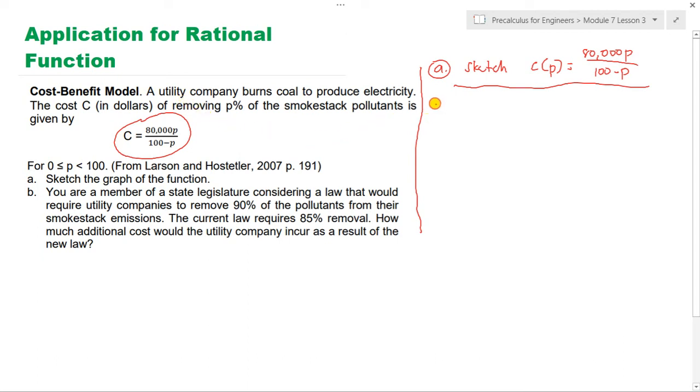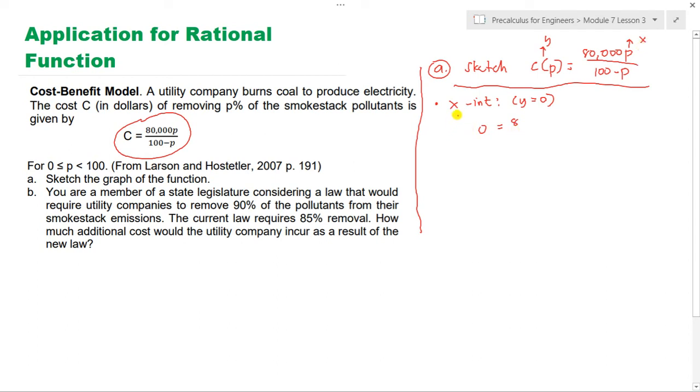So ang first natong button is we're going to look for the x-intercept. Okay, dira man moigo ang kanang rational function sa x-axis. So at x-intercept, we're going to equate y is equals to 0. Okay, when y is equals to 0, so that is 0 is equals to, assuming ang cost kay equivalent to y, then ang percent pollutants is the x.